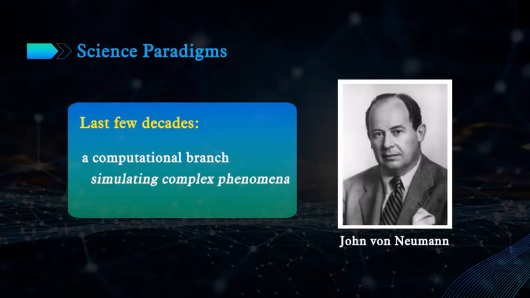In the middle of the 20th century, von Neumann proposed the modern electronic computer architecture, and the model of using electronic computers to simulate scientific experiments was rapidly popularized. People can deduce more and more complex phenomena by simulating.